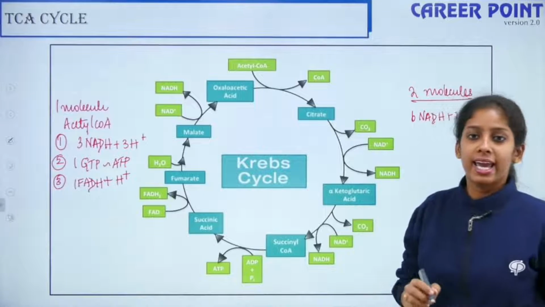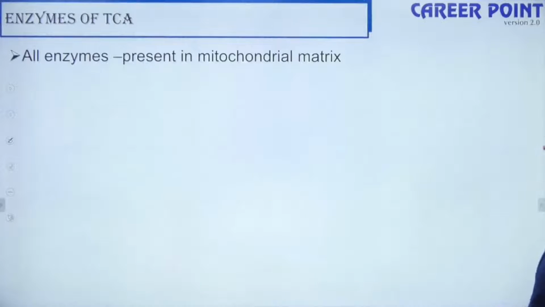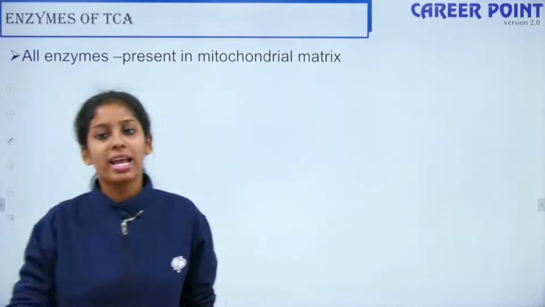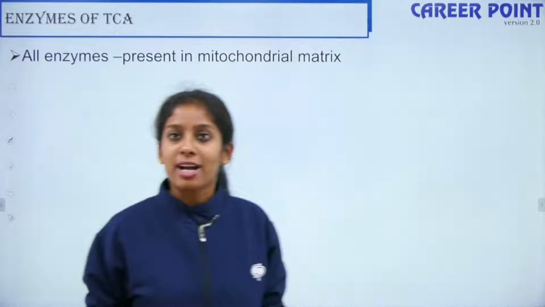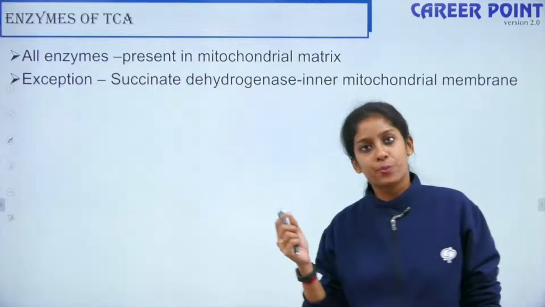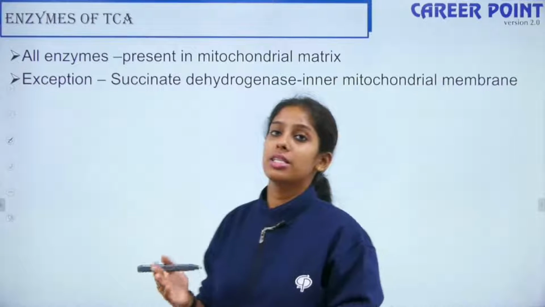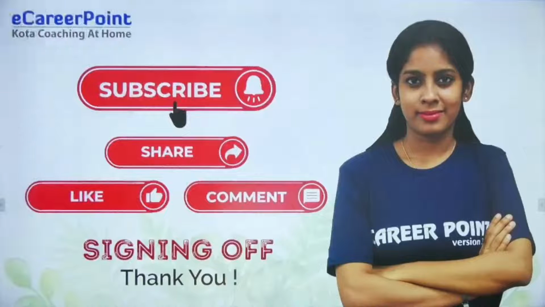So this is the net gain from your Krebs cycle. So moving further, we are going to talk about the enzymes. All the enzymes for your TCA, we spoke about 8 enzymes, right? All the 8 enzymes are present in the matrix of the mitochondria except one. That one is your succinate dehydrogenase. It is present in the inner mitochondrial membrane. This is the only exception that I want you to remember.